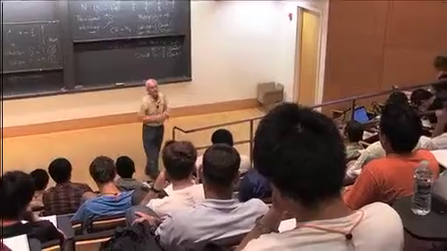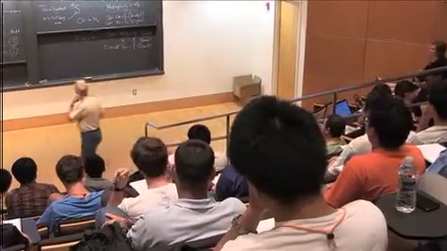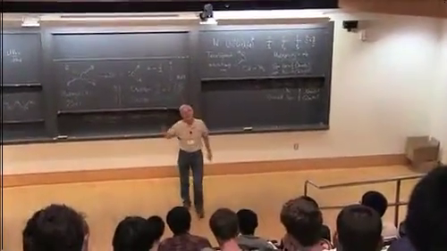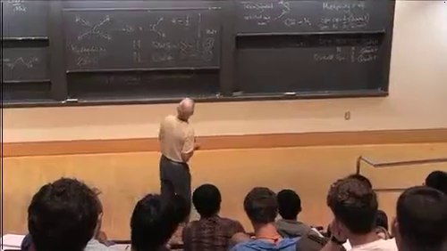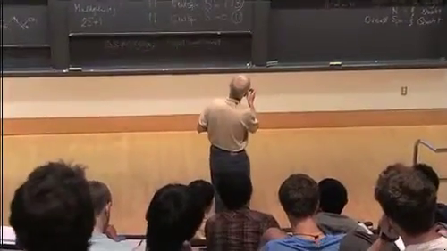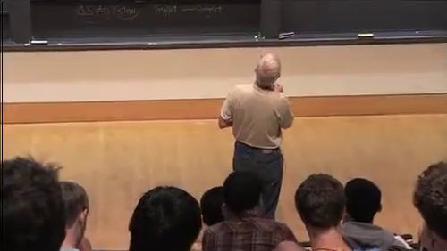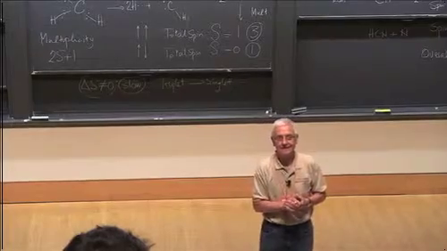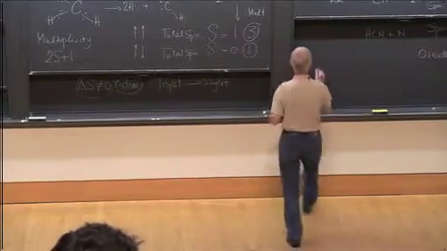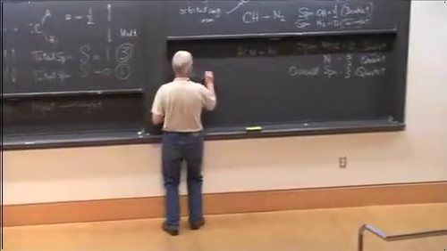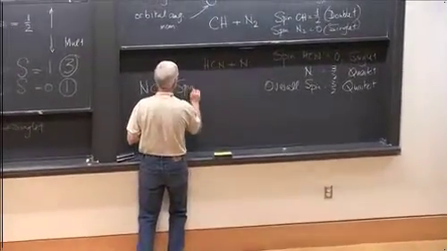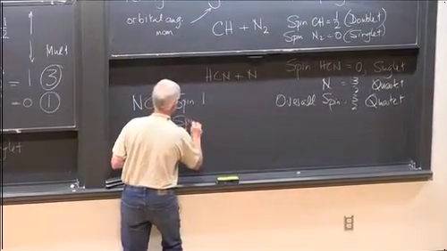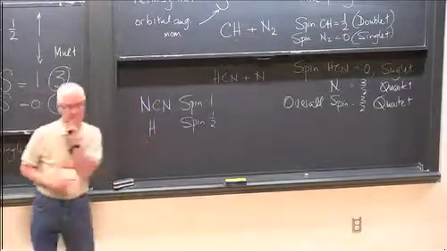I thought you were going to ask another question, which is, I've slightly pulled the wool over your eyes. Not too much, but if you look at this NCN, the ground state is actually a triplet. So the NCN has got a spin of 1, and the hydrogen atom has got a spin of a half.